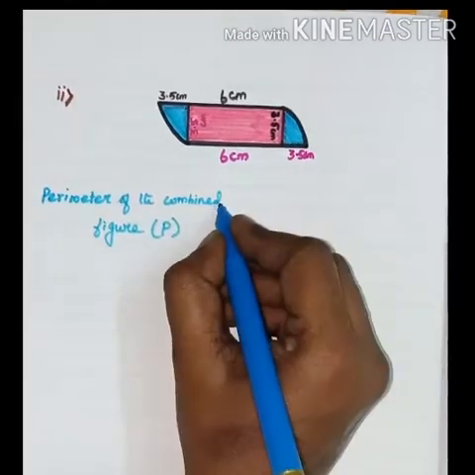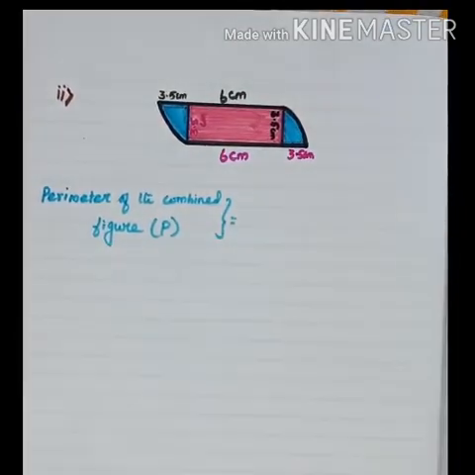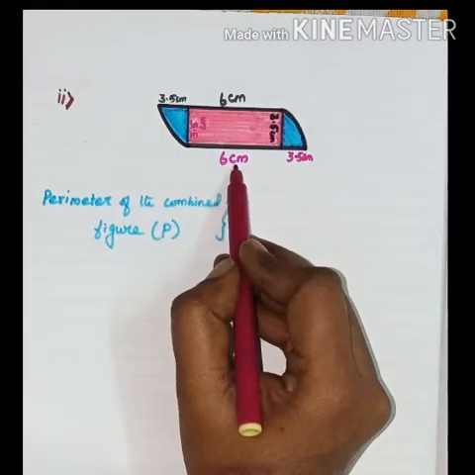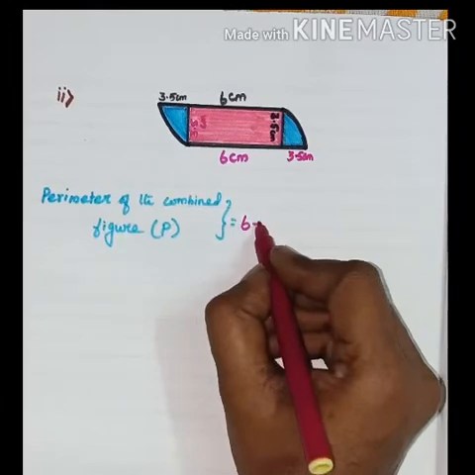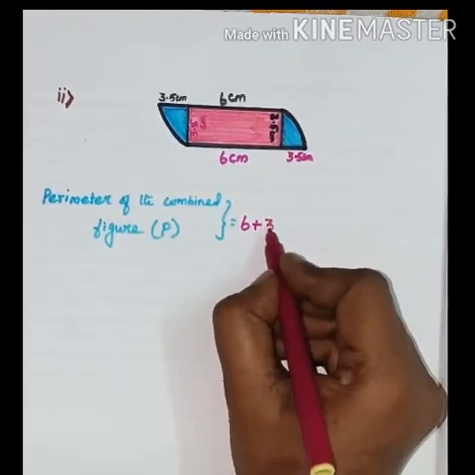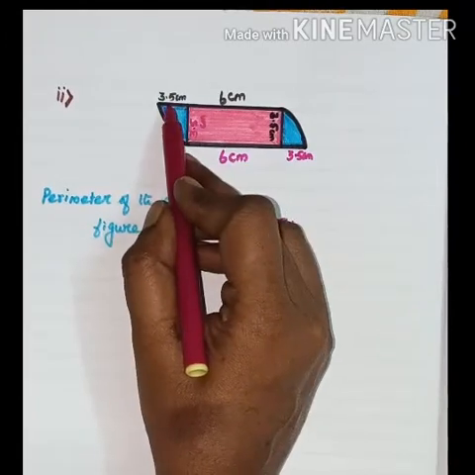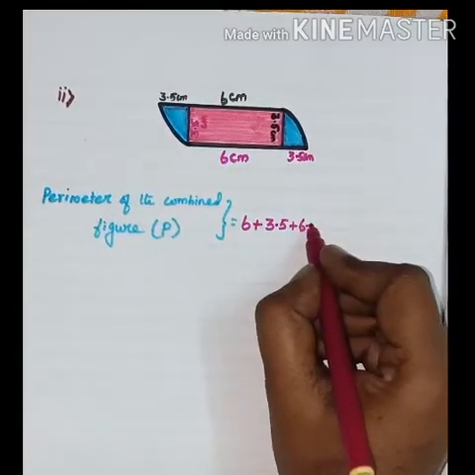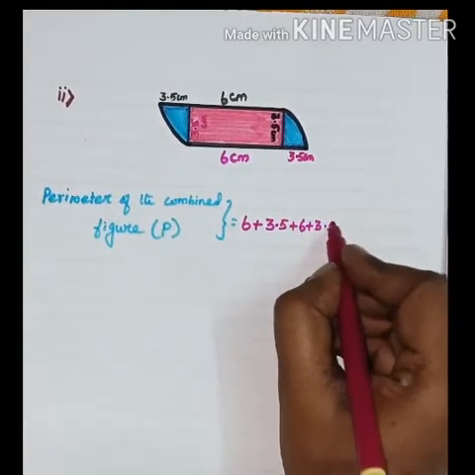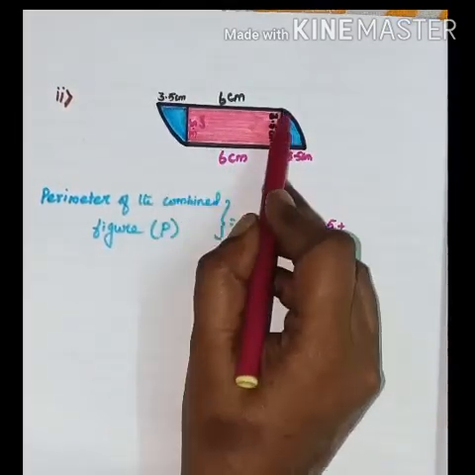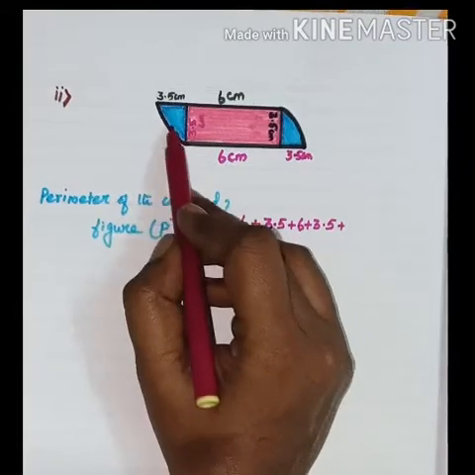P is equal to 6 centimeter plus 3.5 centimeter plus 6 plus 3.5 plus these two curved parts.